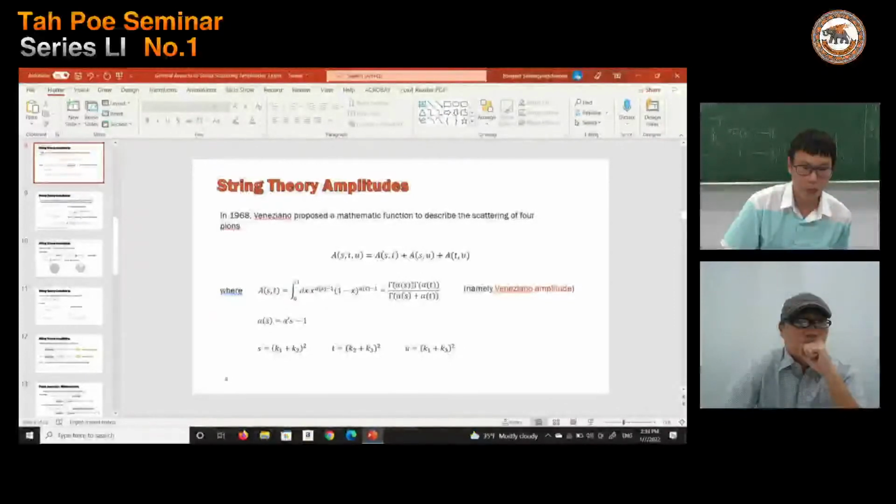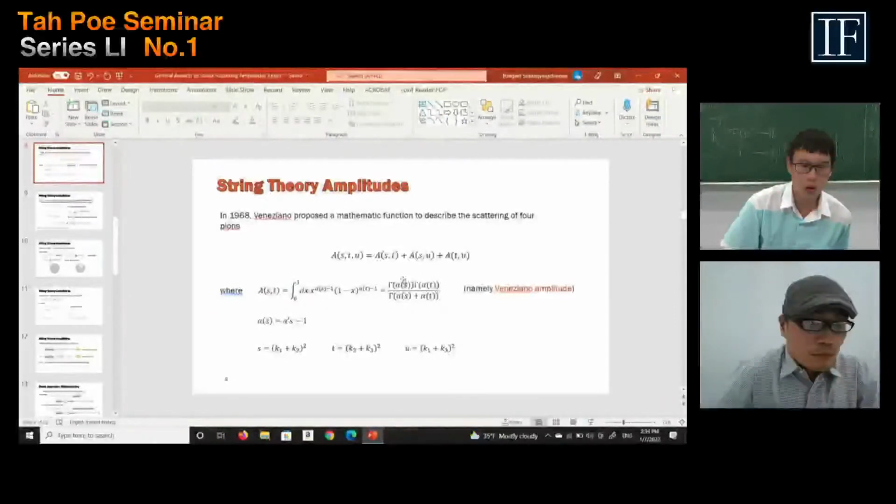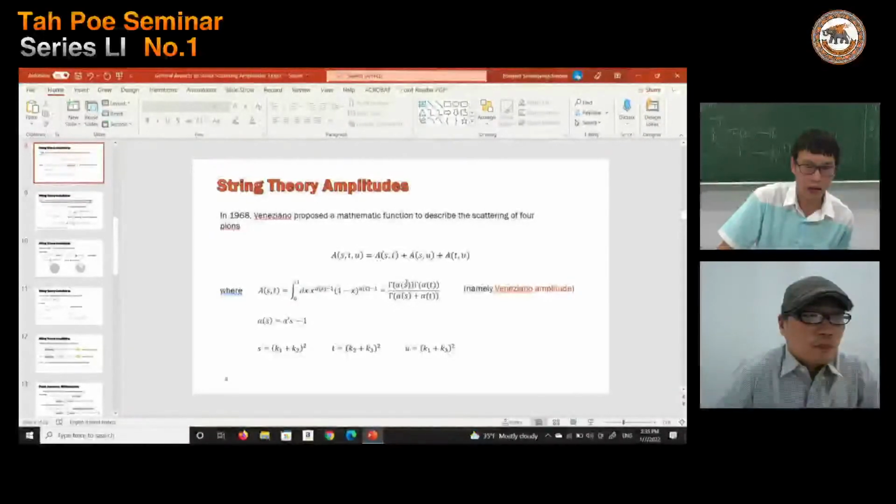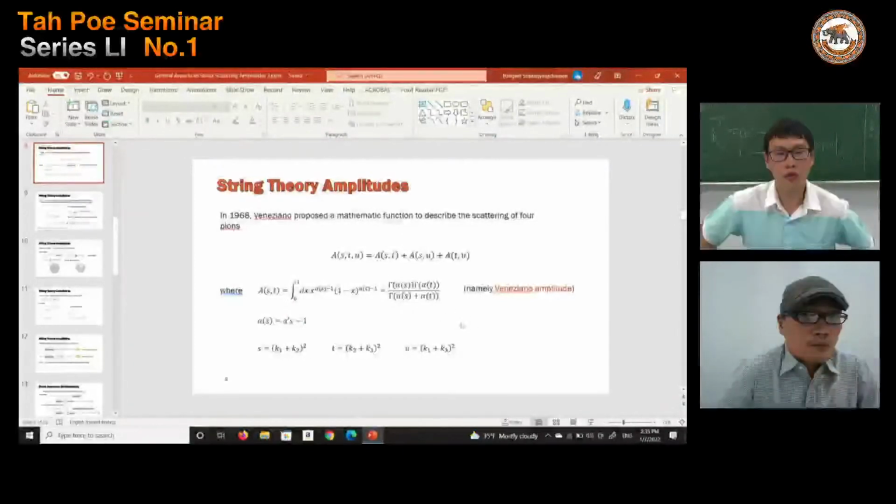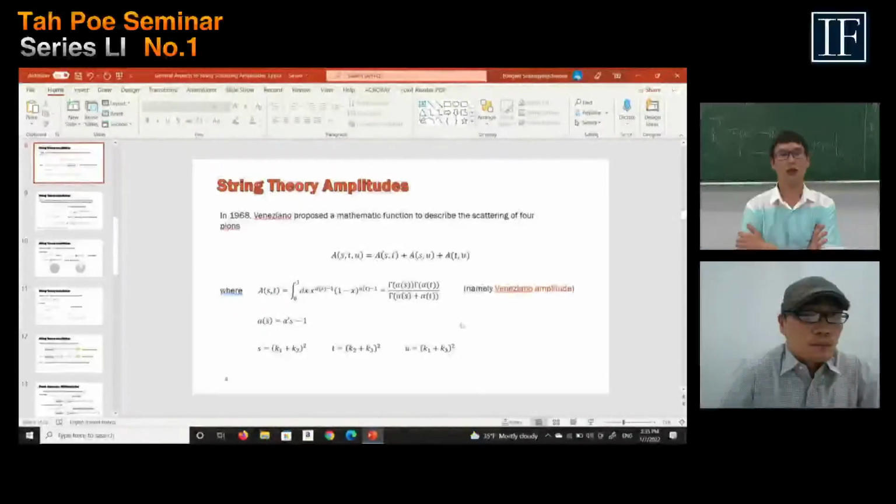For this example, it contains S and T poles, and when the gamma function is at the pole, it turns into something like 1 over alpha s minus some integer, which signifies that it is the propagator of the intermediate particle.